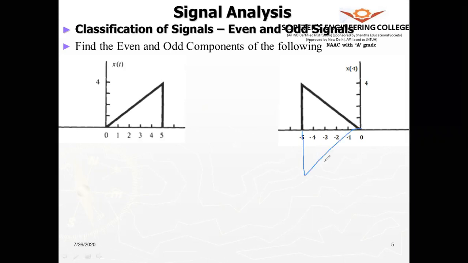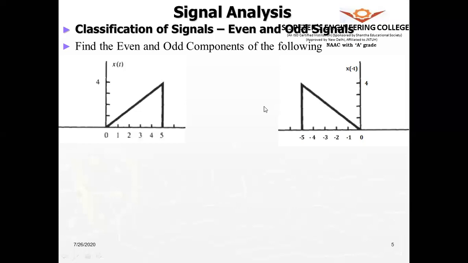So this is minus x of minus t. To get x of minus t, we fold the signal along the y-axis, and to get minus x of minus t, we go to the signal x of minus t and fold it along the x-axis.